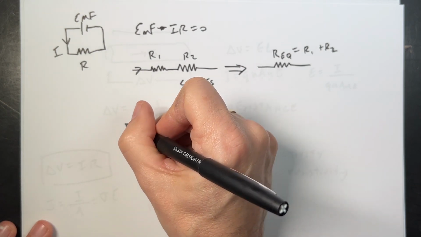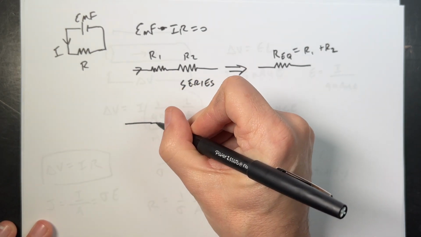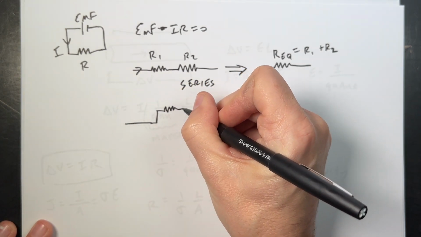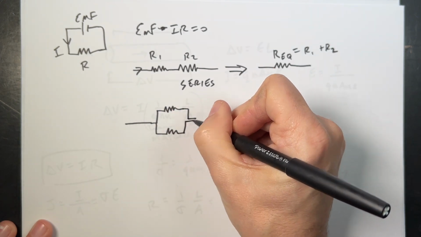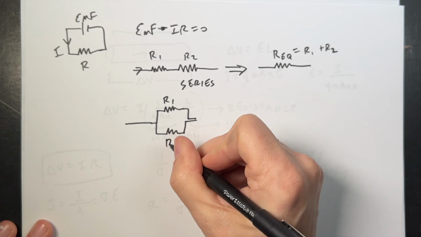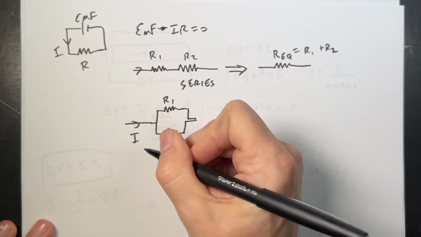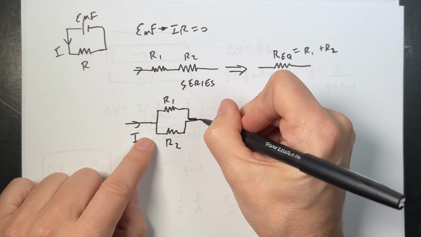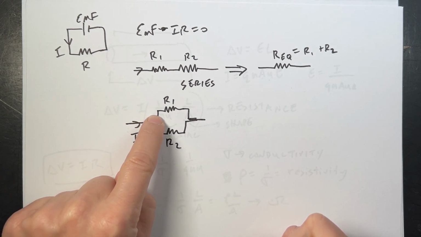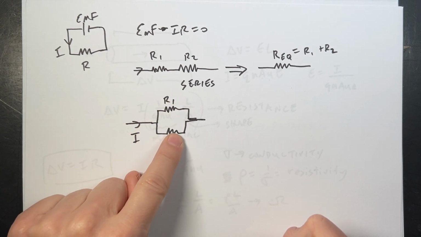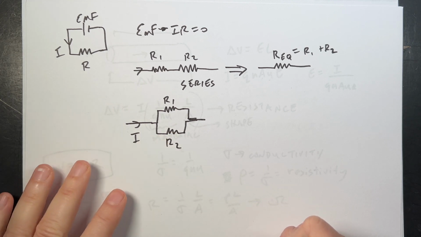The next one that we have is called parallel. Imagine that I have this situation. So here's R1 and here's R2. It does have a current going through, but in this case, they do not have the same current because the current's going to come into here in this junction. Some's going to go through R1, some's going to go through R2, and so they're not the same.